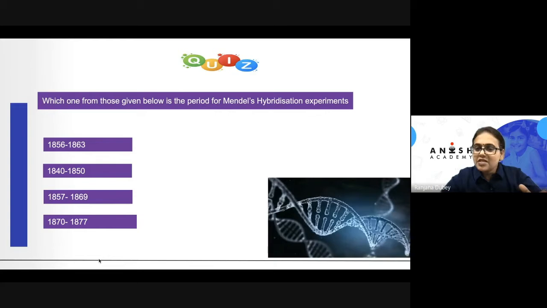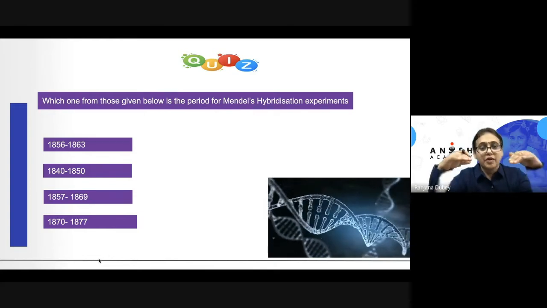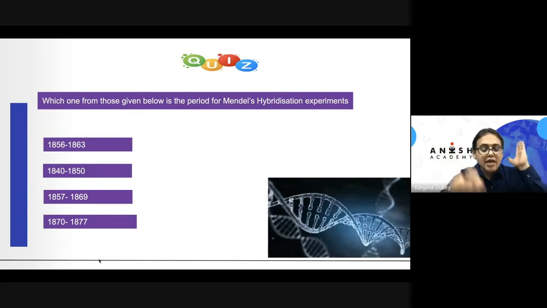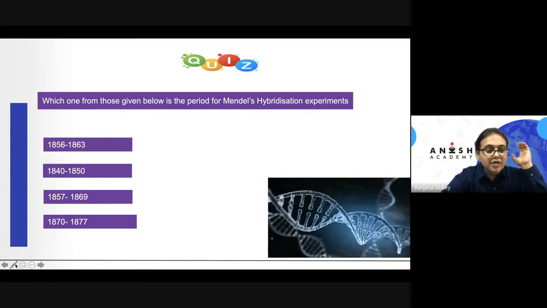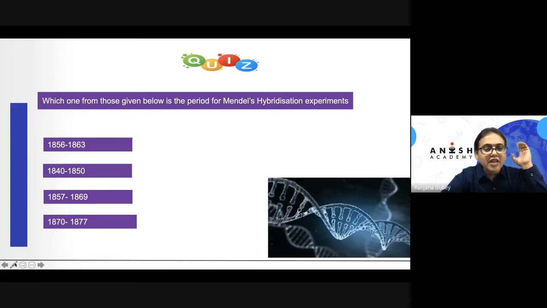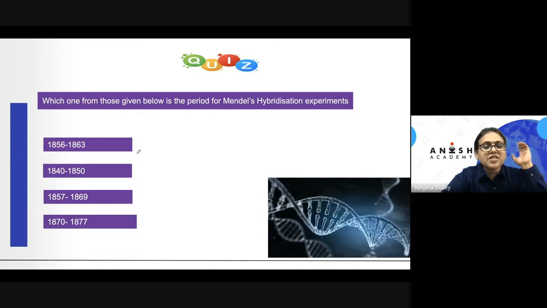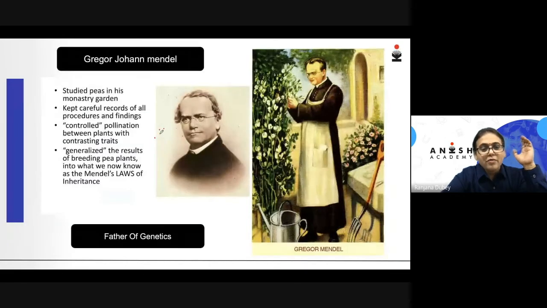It is a very simple question, but only the student who is really thorough with the lesson will be able to provide the right answer. And the right answer is option number 1, which is 1856 to 1863.